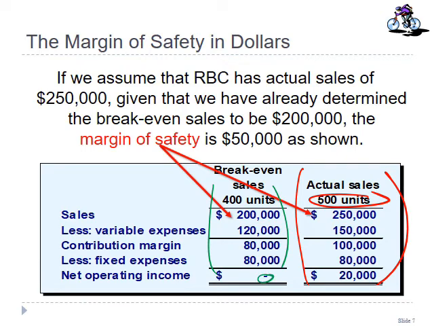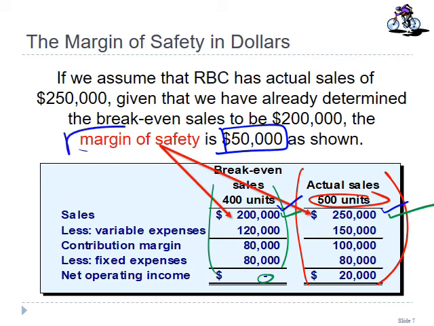So we know that the actual sales or budgeted sales is 250,000 and break-even sales is 200,000. So in that case, we are safe above the break-even by 50,000, right? So how much are we safe? Our sales are above the break-even point by 50,000.